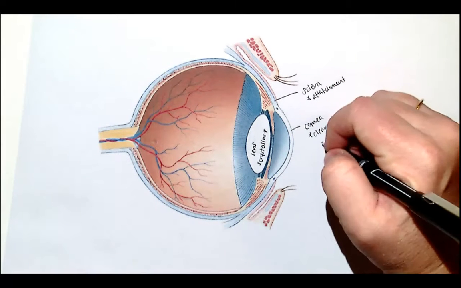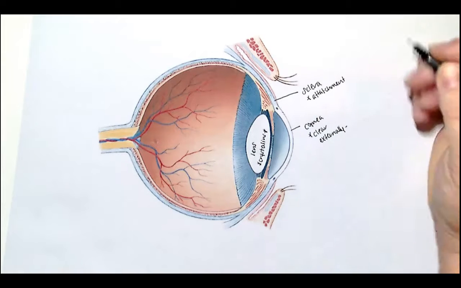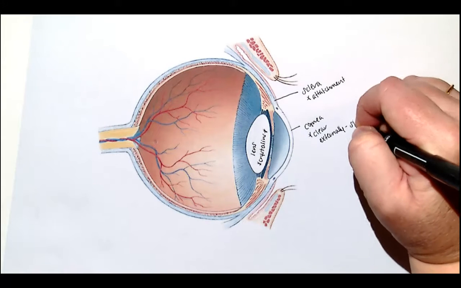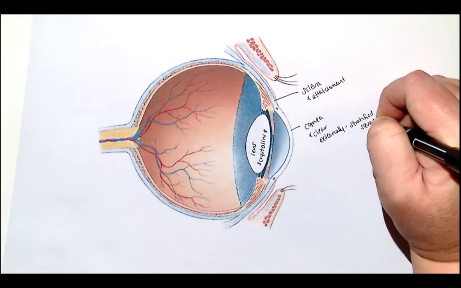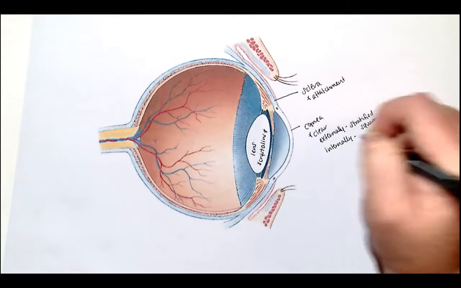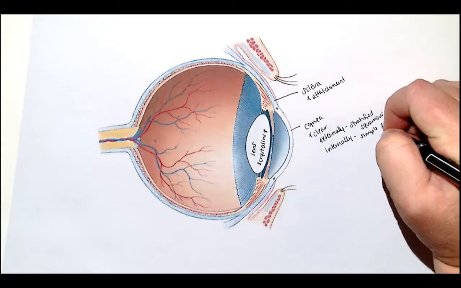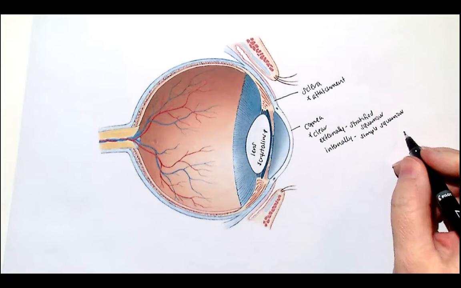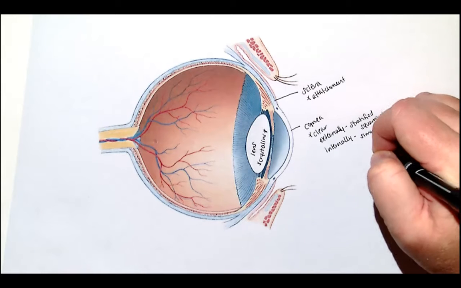And externally, the cornea is stratified squamous epithelium. Internally, it's simple squamous. And this simple squamous on the inside of the cornea has specialized sodium pumps.